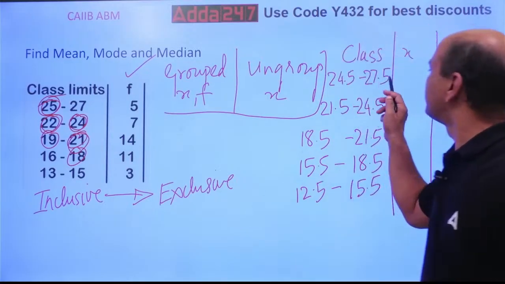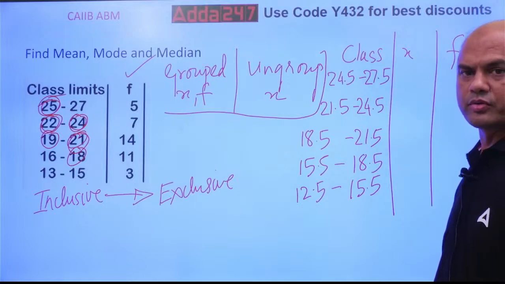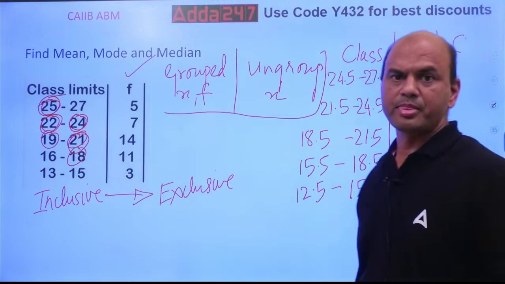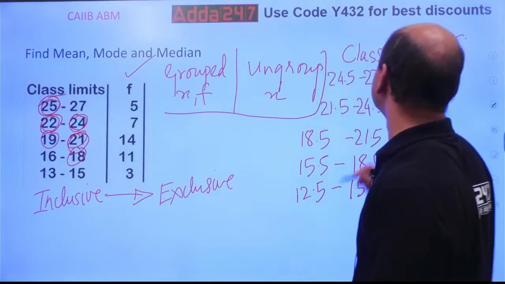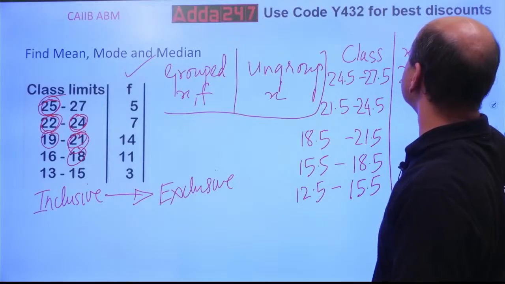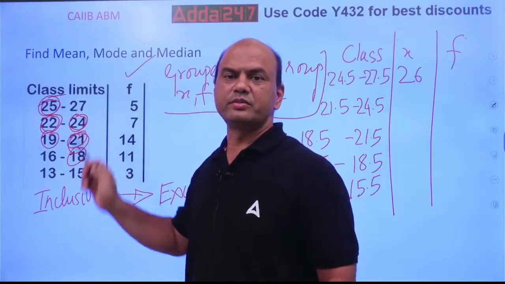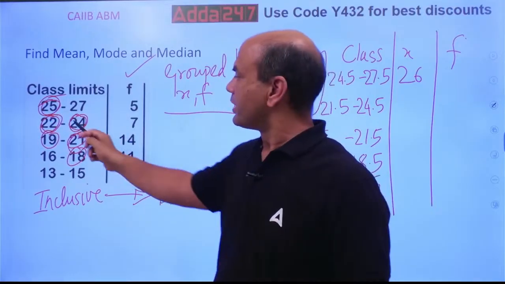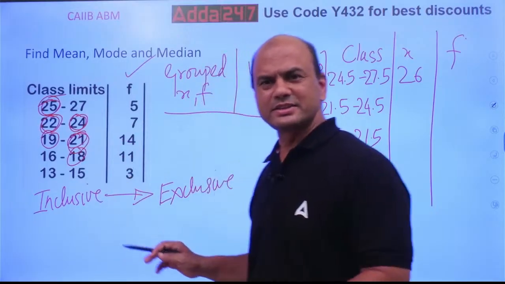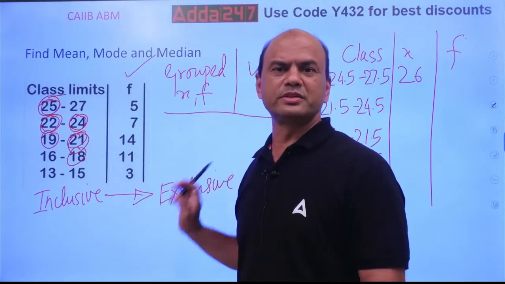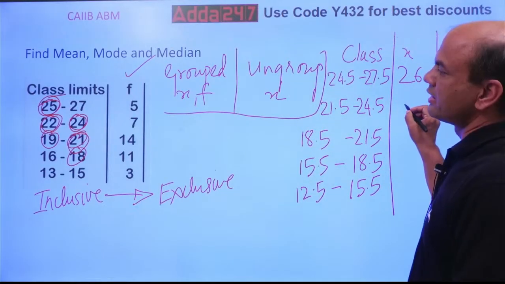So 0.5, make this 28. 28 plus 24, 52. 52 divided by 2, 26. So you are getting 26 over here. You can get it from here also. 25, 27. What is the center? 26. 22, 24. What is the center? 23. Class mark doesn't change, let it be inclusive group or exclusive group. So it will be 23 over here.